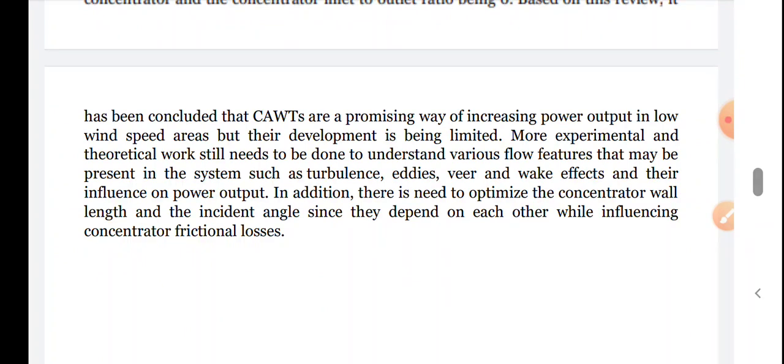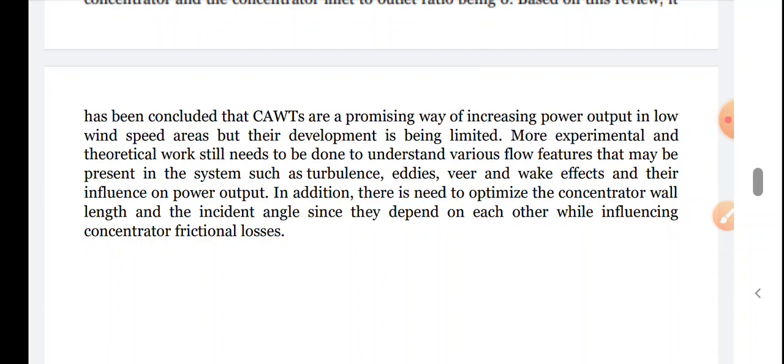We know what turbulence in the wind is, meaning the wind is not flowing steadily in one direction, it is flowing in different directions.